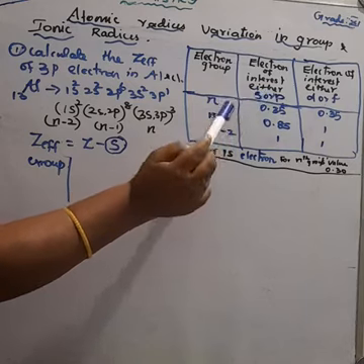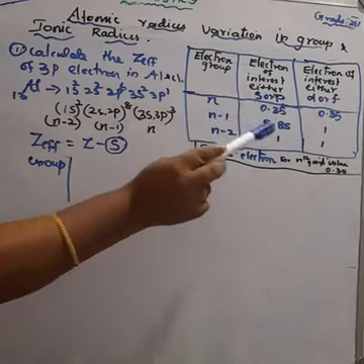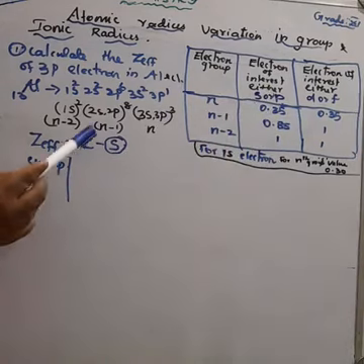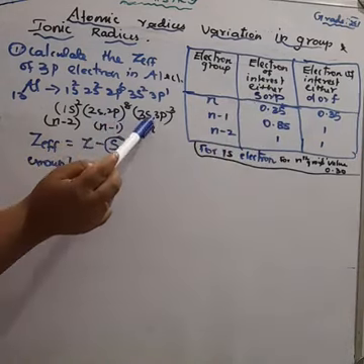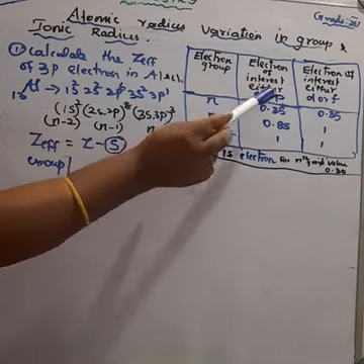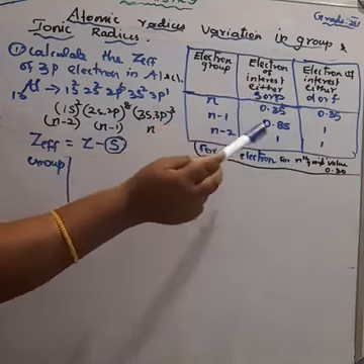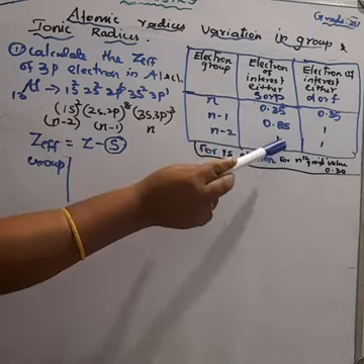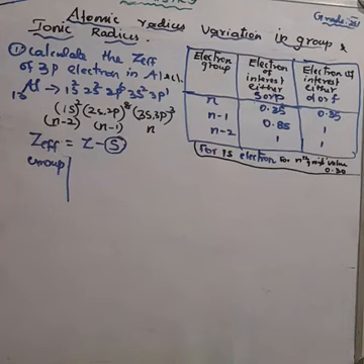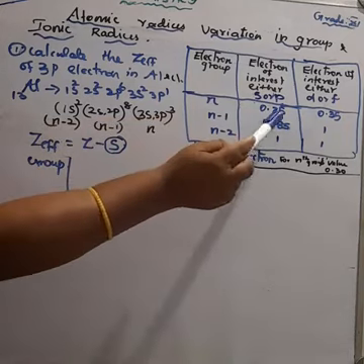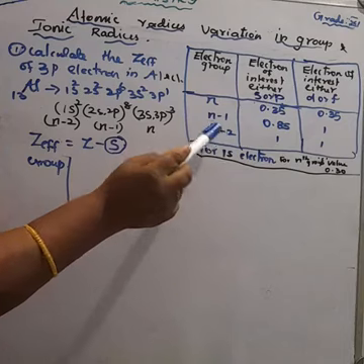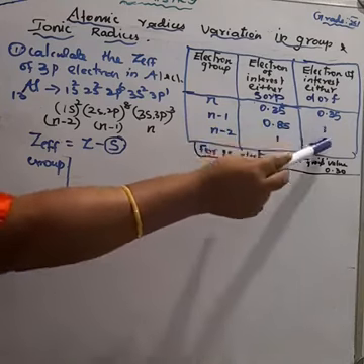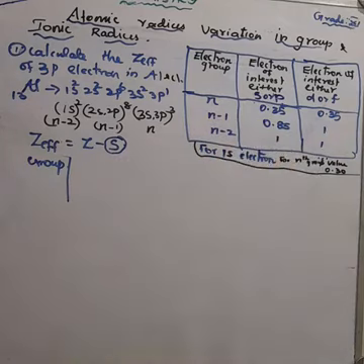And for the n minus 1 group? 0.85. And for n minus 2 and other lower groups? 1. For D and F electrons, the nth group is 0.35, and for the n minus 1 and all other lower groups, the value is 1. Understood?